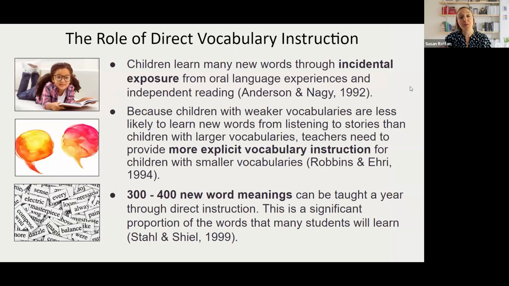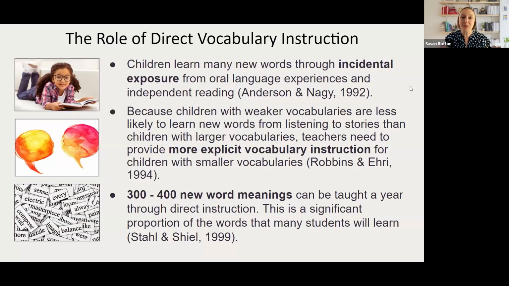Okay, so we want to be focusing on direct instruction because although students do learn new words on their own through what we call incidental exposure, so when you read a word or you hear a word being used, sometimes that gets added to your vocabulary. You'll figure out what the meaning is and learn a new word that way. And that happens all the time, and that's wonderful.